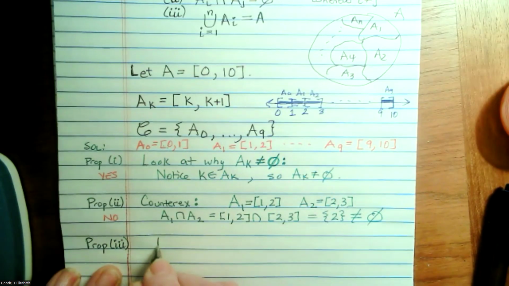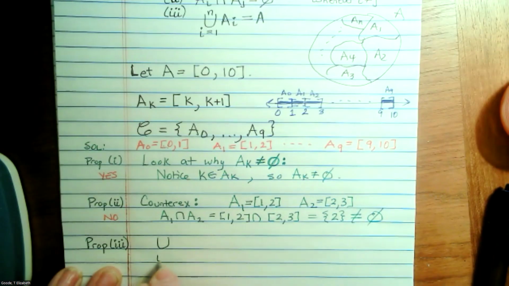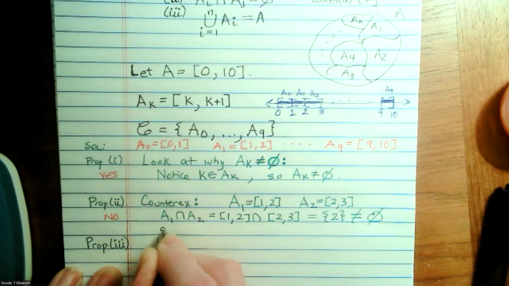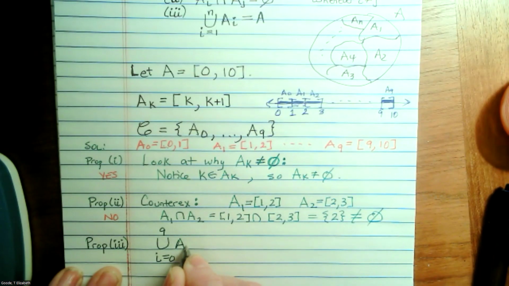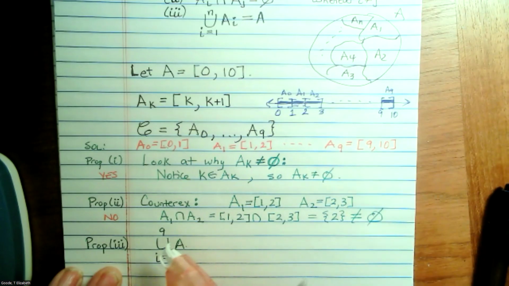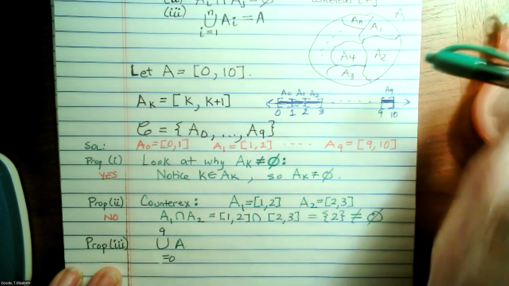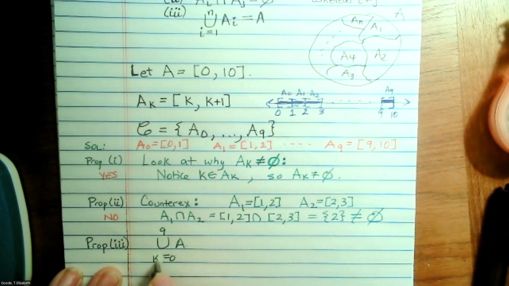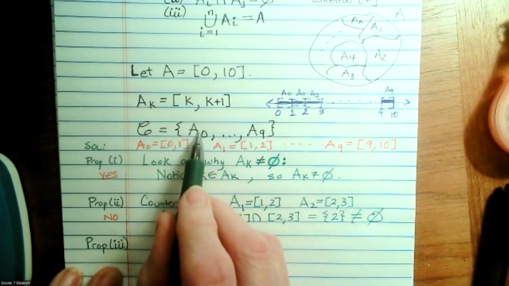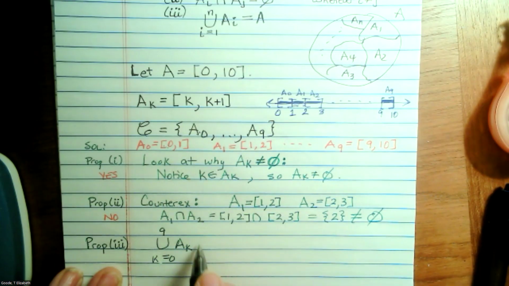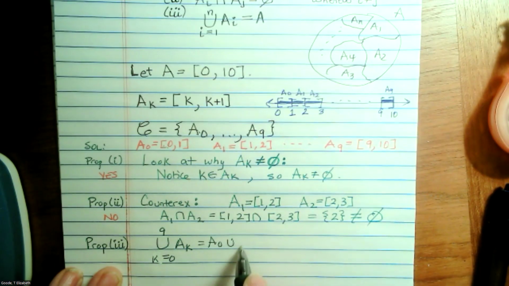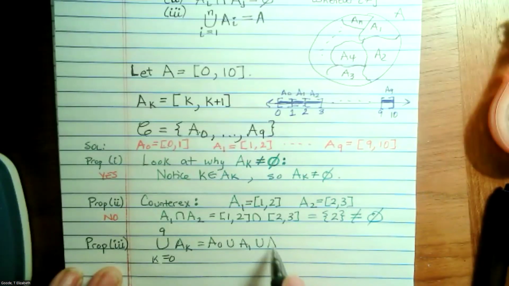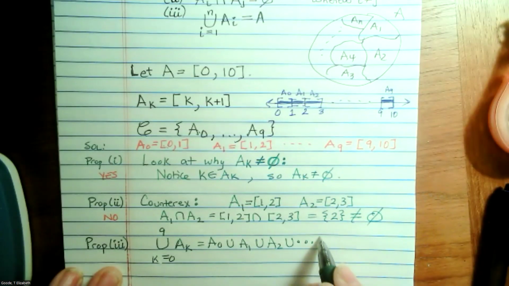So we're looking at the union from k equals 0 to 9 of the A sub k. I should say k because I used k for the indexing variable. But the point is, we're looking at unioning all of these up. So we're looking at A0 union A1 union A2, and just keep on going up to A sub 9.